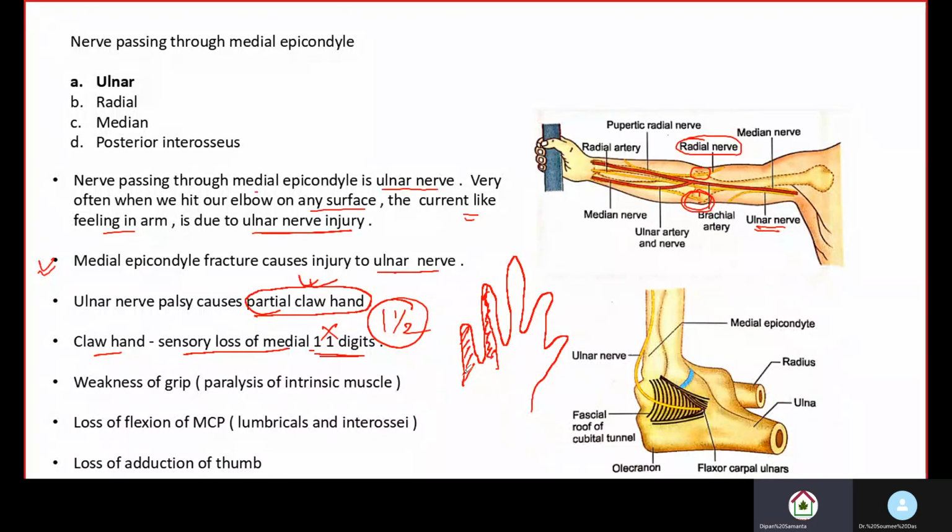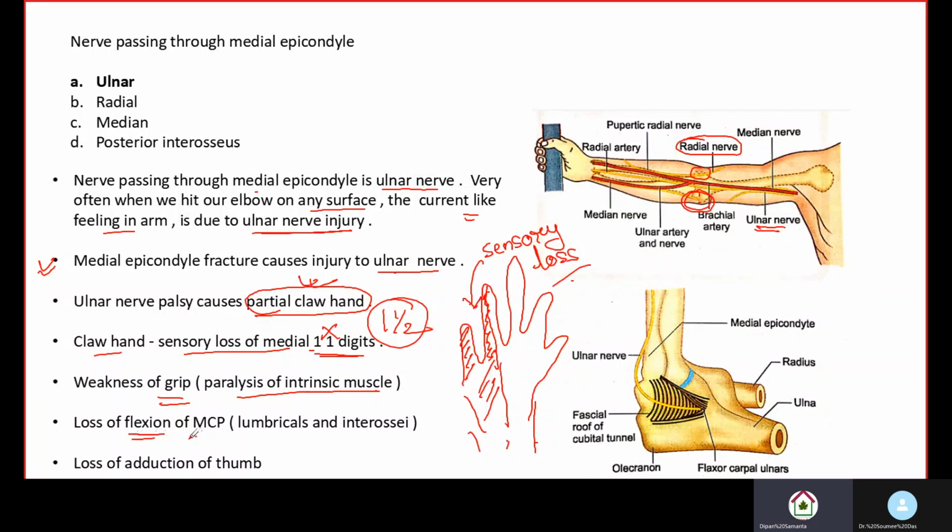Half of the ring finger and little finger. So weakness of the grip, paralysis of intrinsic muscle. This will be sensory loss.